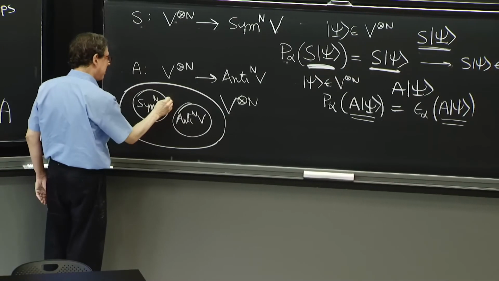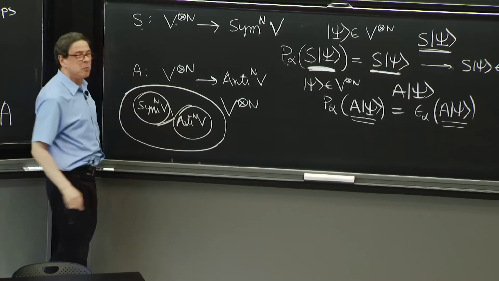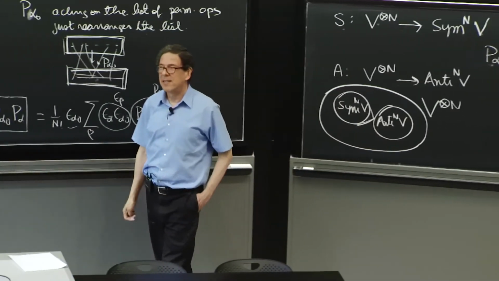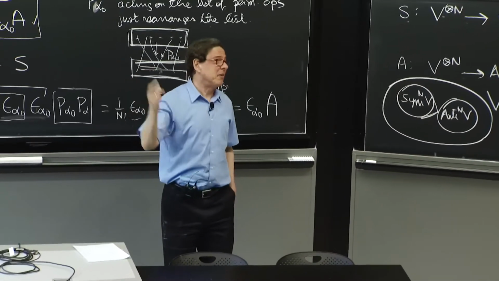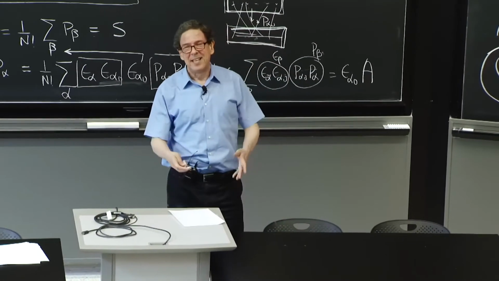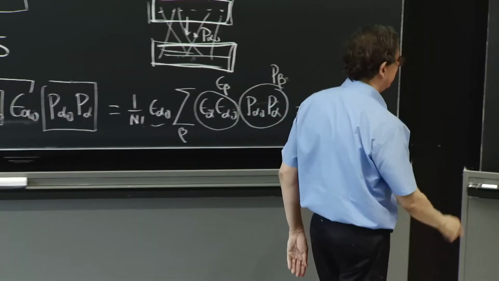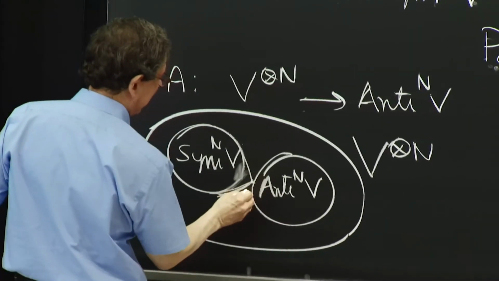Maybe I should really make them touch at one point. That point would be what vector? 0, yes. If you have a vector subspace, it has to have the 0 vector. So here is the 0 vector.